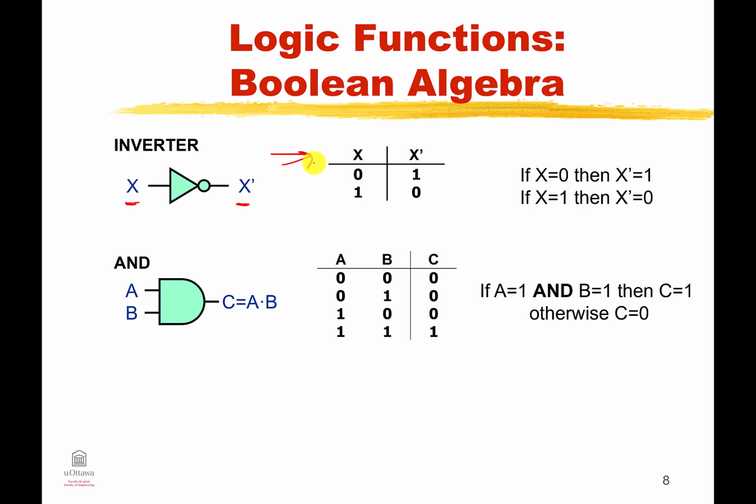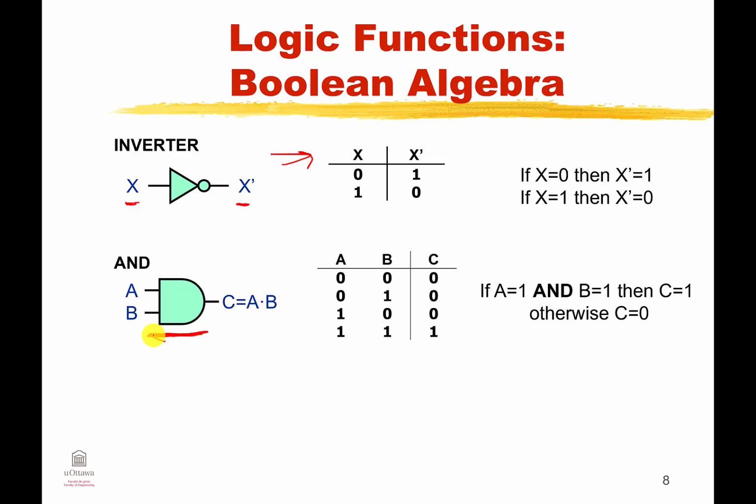I also showed you that we can implement or describe a circuit using the AND operation. Please take a look that the AND has 2 inputs, and the symbol of the AND is represented by this.